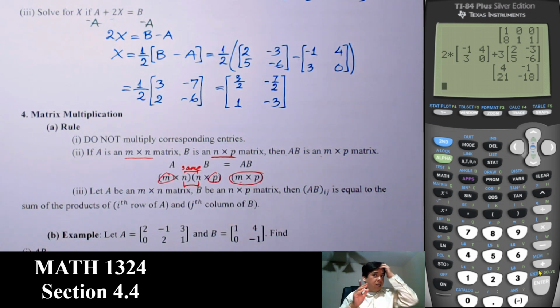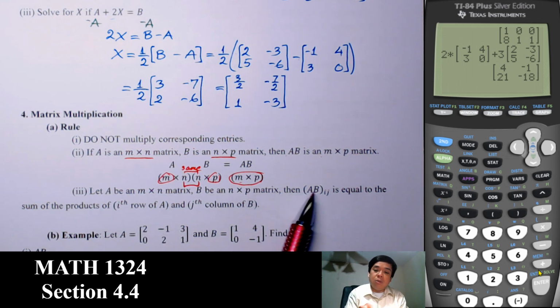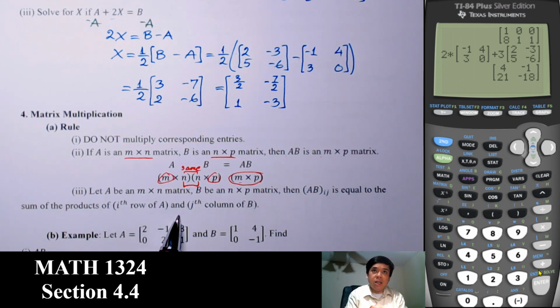Now, after we check the dimension, if it works, then for the entry in row i and column j of the product, we take the row from the first matrix and the column from the second matrix, multiply them one by one, and then add all of them up.